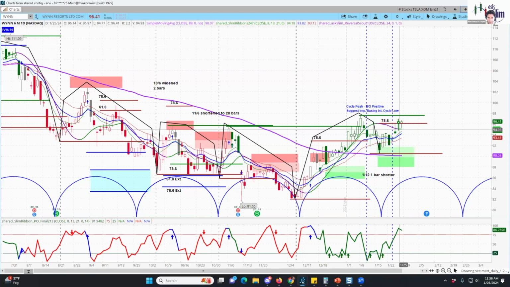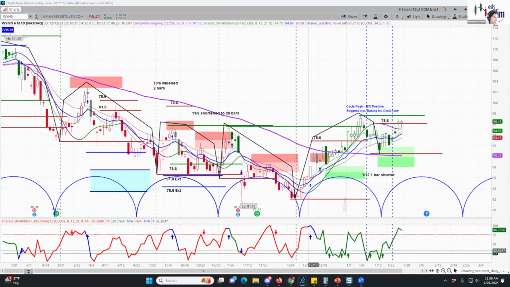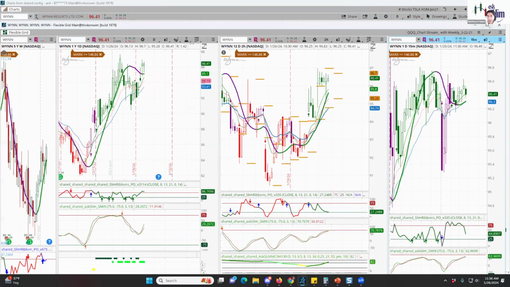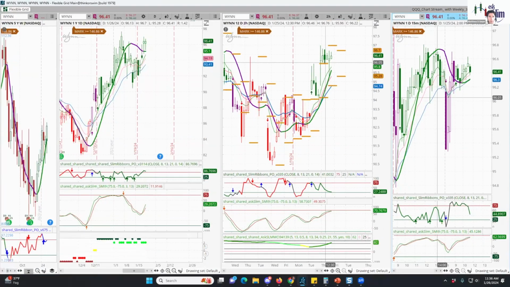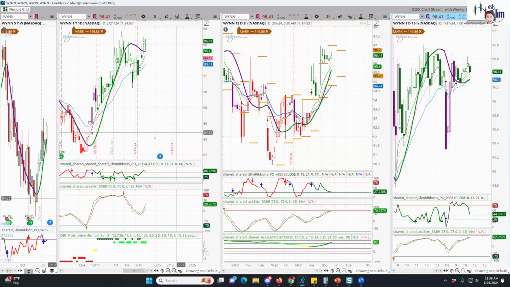And then I would jump down into that shorter duration time frame. Let me see if I can find my multiple time frame grid that our level 4 members have access to. Essentially, you can plug in any symbol you want. We have 4 time frames here: weekly, daily, 2 hour, and 15 minute. And this is our dashboard for really getting a quick sense at a glance of our proprietary indicators.